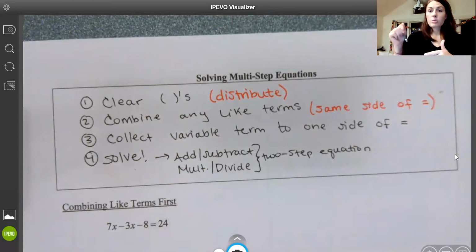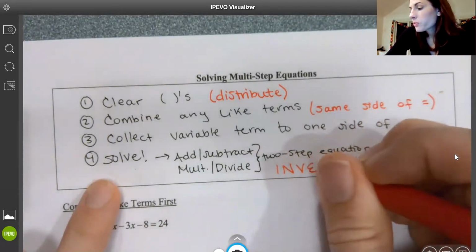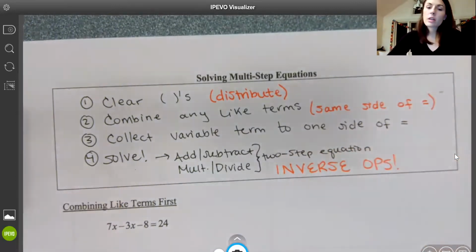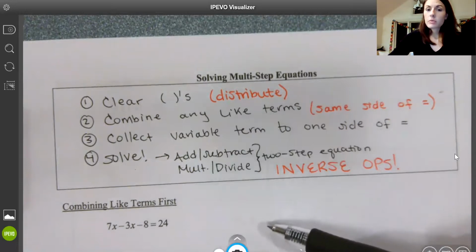So first we add and subtract things away, and then we multiply and divide things away. And it's all about, at this point, inverse operations. So over this lesson and next lesson, we'll start to add in some of these steps, okay?